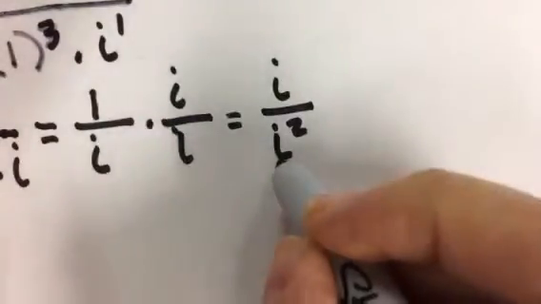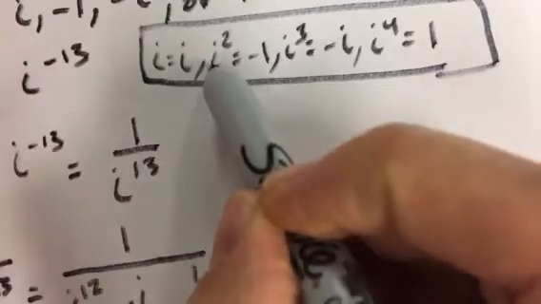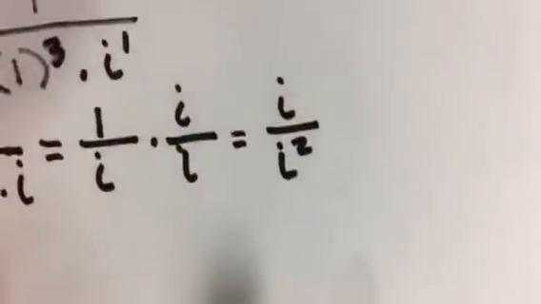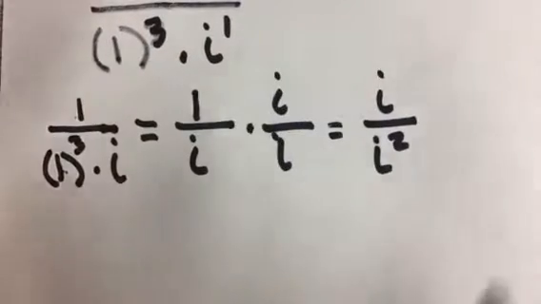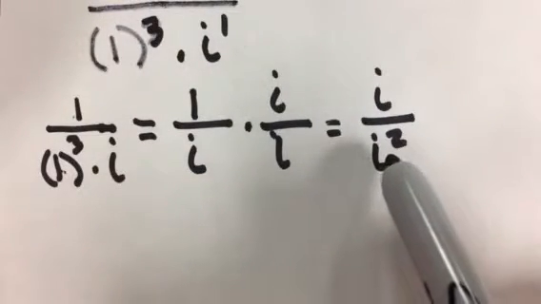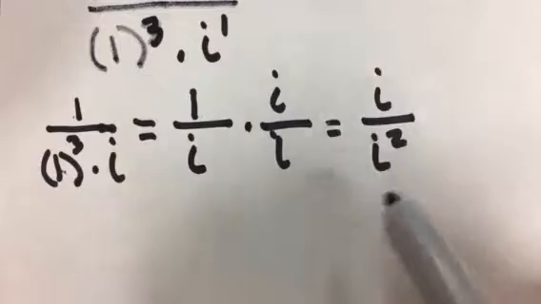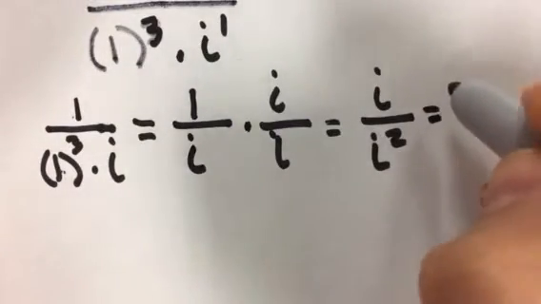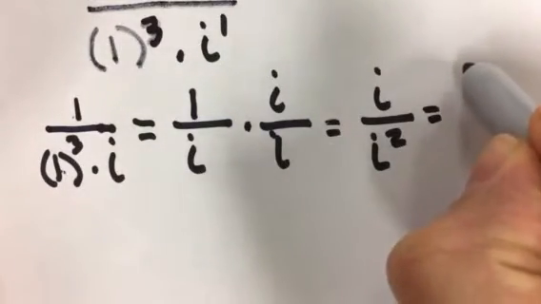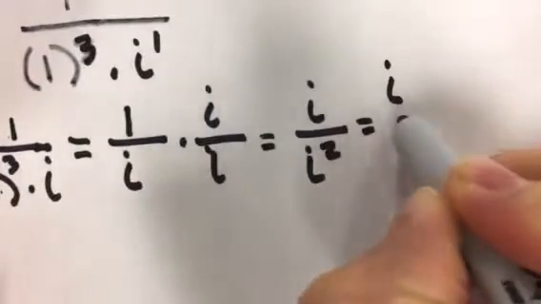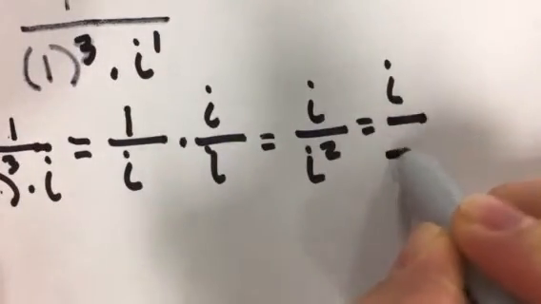And remember what i squared is: if we come back up to our original, i squared equals negative 1. So we have i over negative 1.